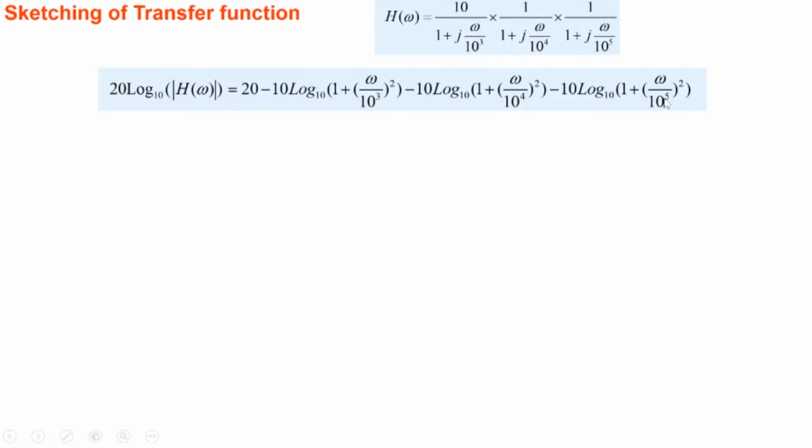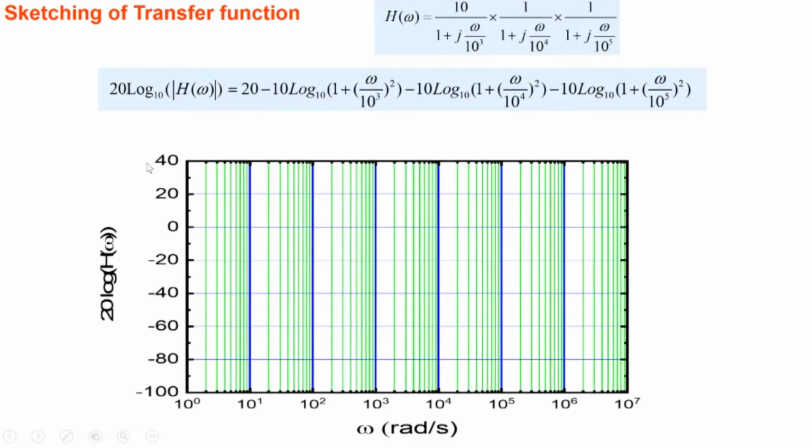Our simplified plot of this is what we call a Bode plot, named after the person who made significant contributions to the analysis of circuits. The y-axis is in dBs, the x-axis is radians per second, it can be frequency also, on a log scale.